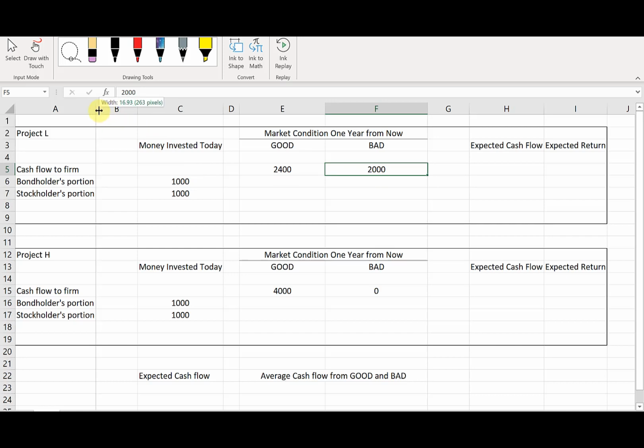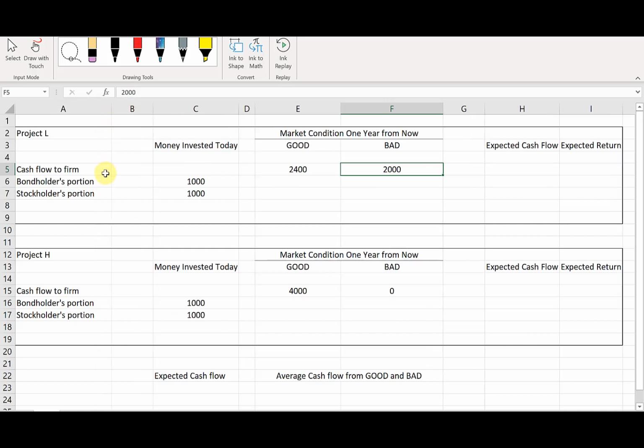Say the bondholders have an interest of 8%. Regardless of how the company performs, the firm is obligated to pay its bondholders 8% along with its initial investment.